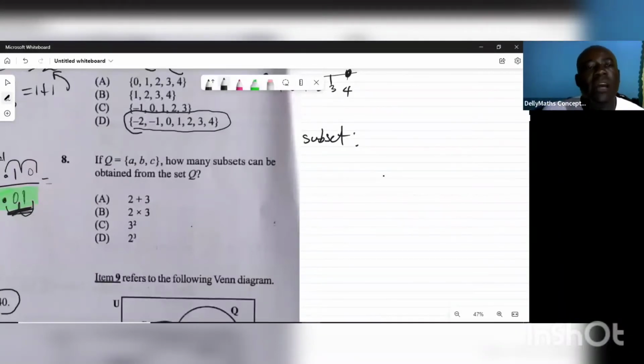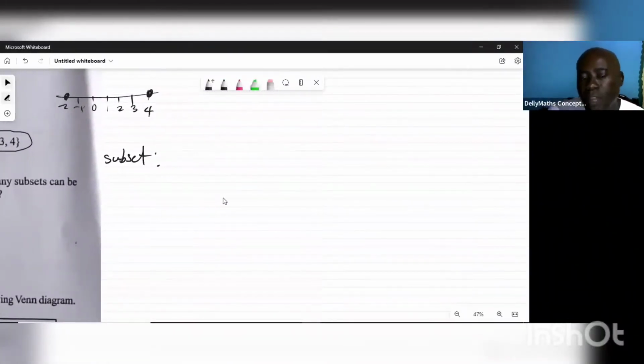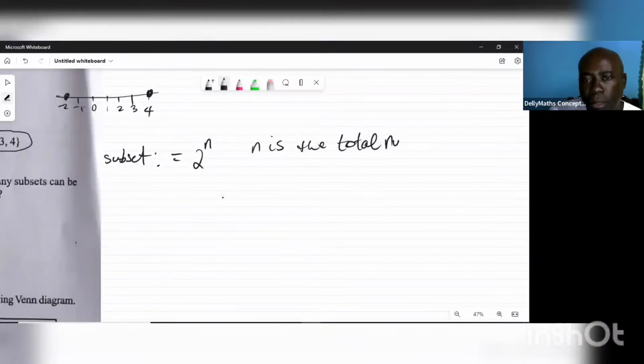There is a way we can know how many subsets you can get from any set, as long as you're seeing the members. The number of subsets that you can get out of a set is equal to 2 raised to the n, where n is the total number of elements.